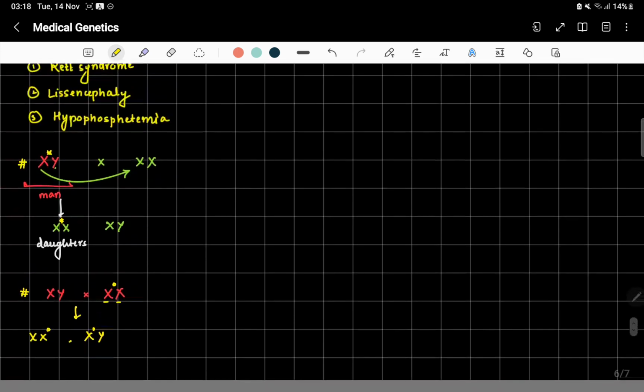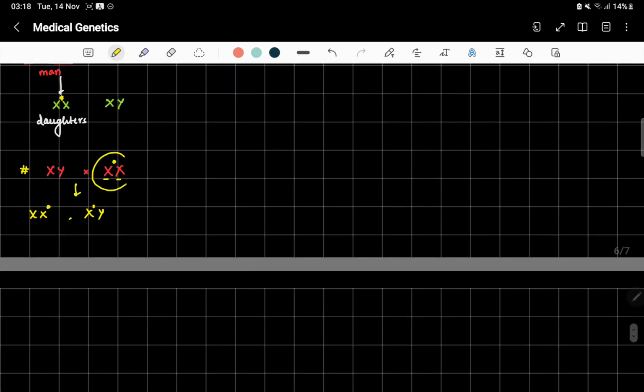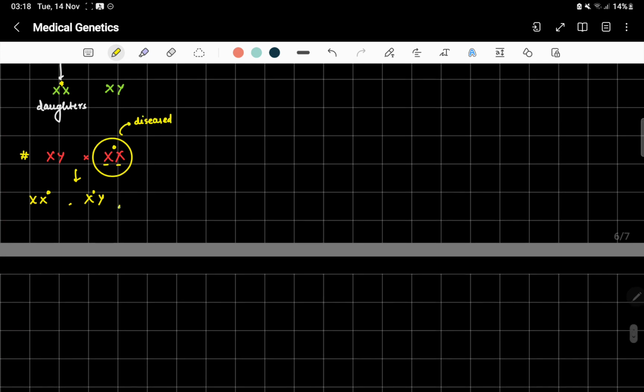As this is an X-linked dominant trait, these are considered diseased, and normal offspring may also be produced by this combination.